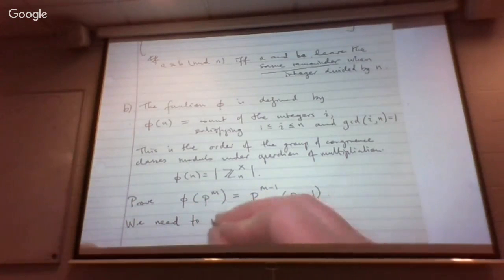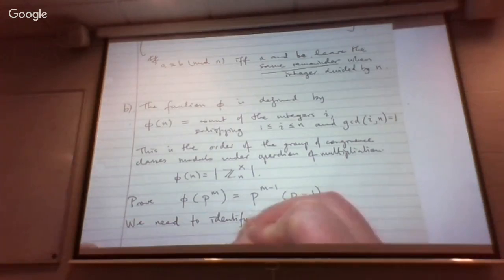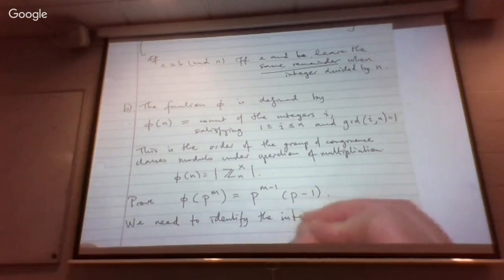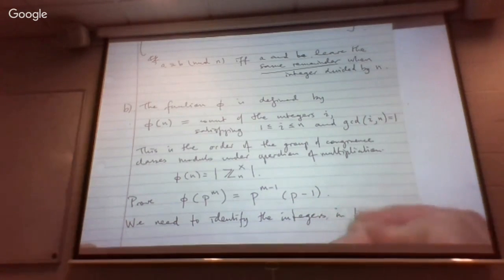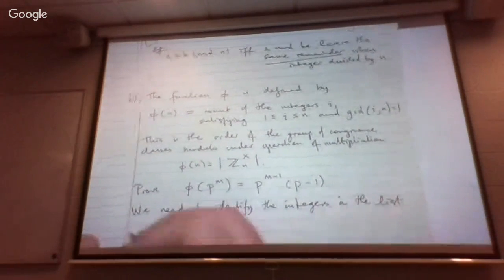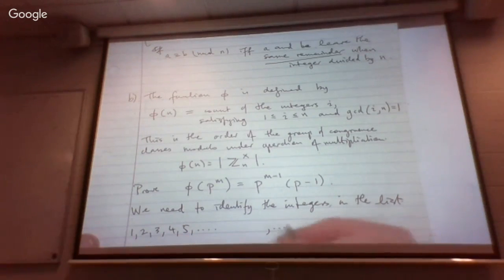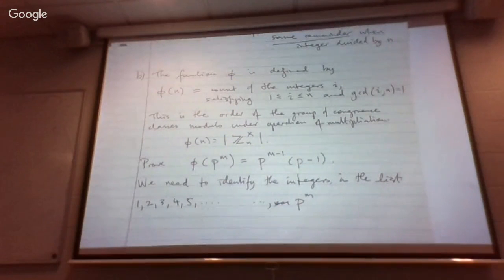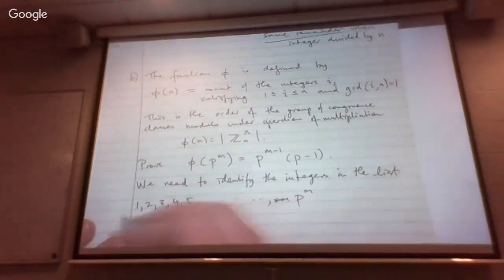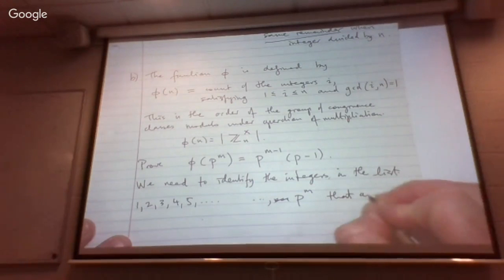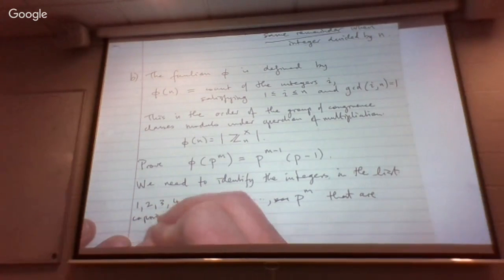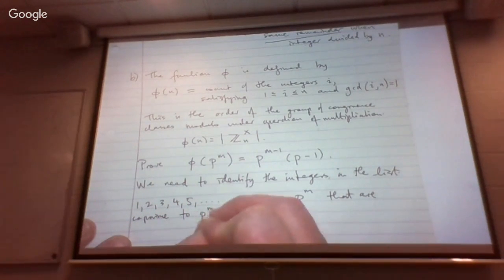So we need to identify the integers in the list. We need to consider everything between 1 all the way to p to the m. This big long list of integers, we identify the integers in this list that are co-prime to p to the m.